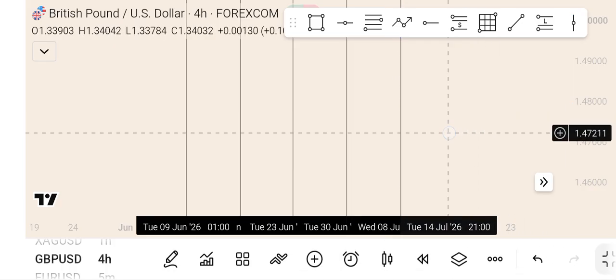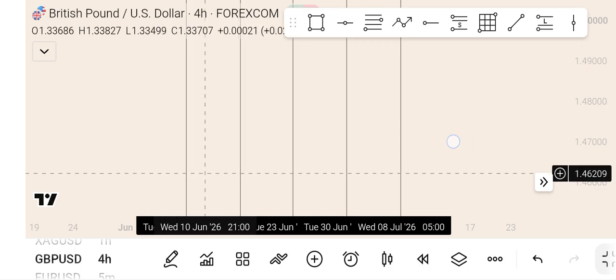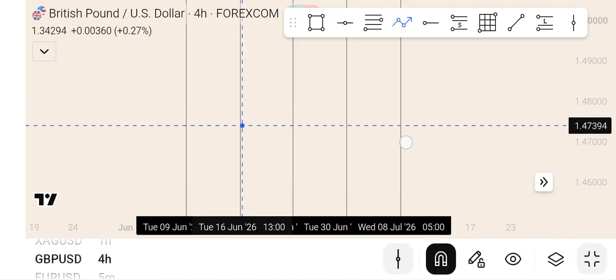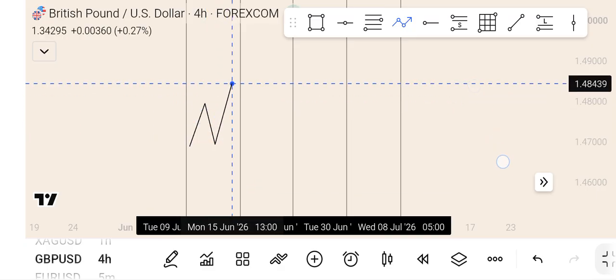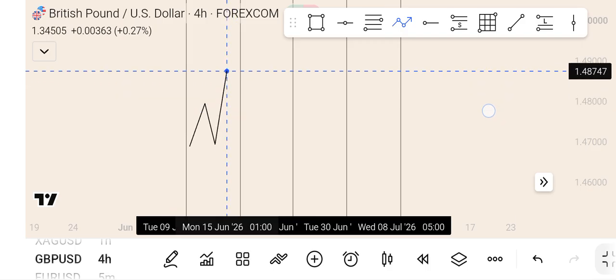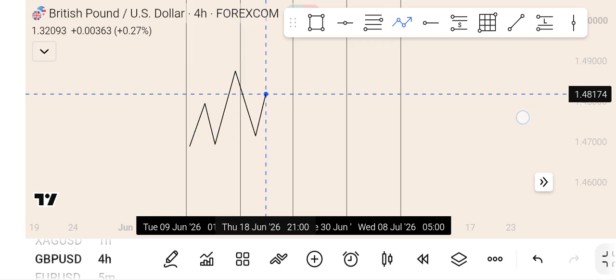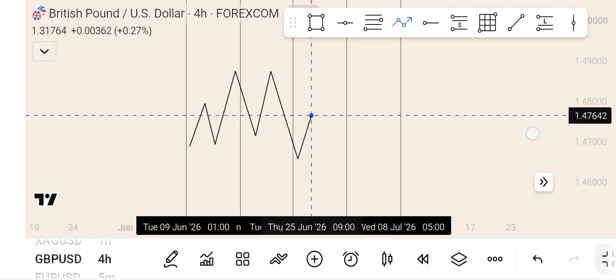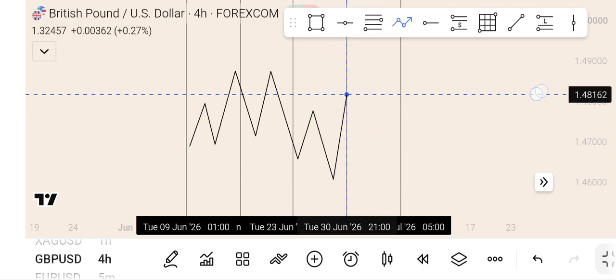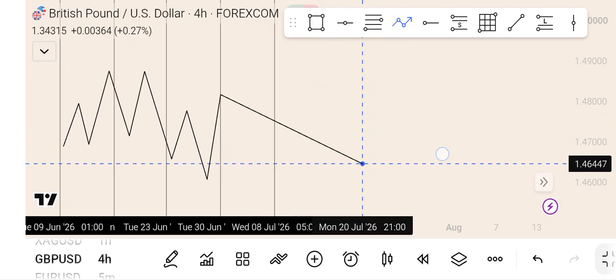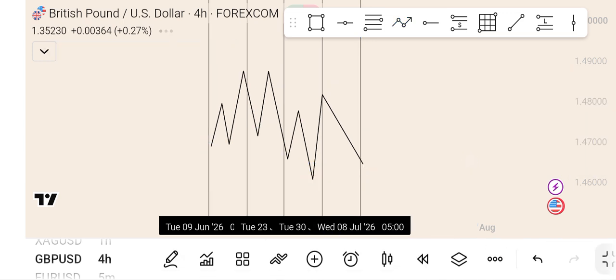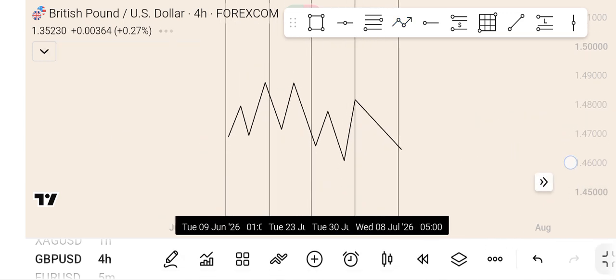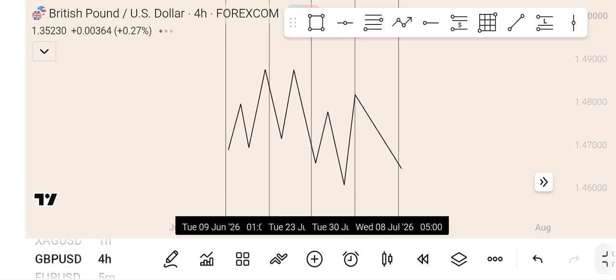So let's take this as the price action for a whole year, the whole of 2026 or 2025. Now, what is a quarter?